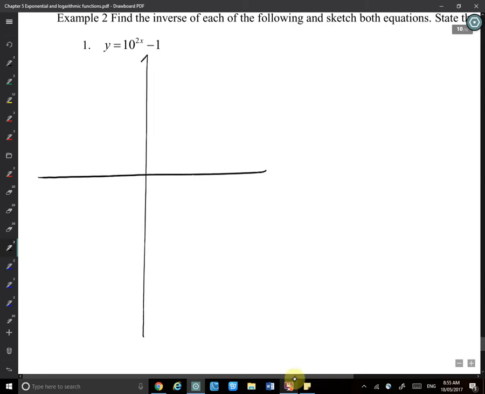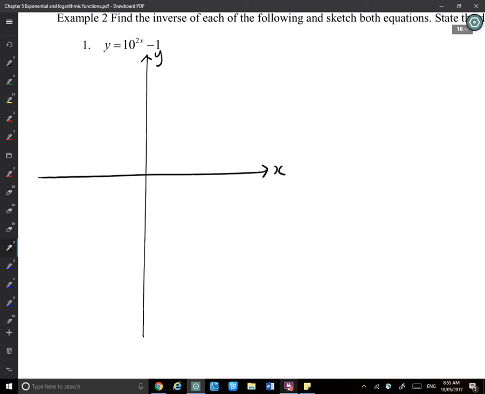To sketch exponential functions, go through all the steps. Where is the asymptote for this one? It's -1.